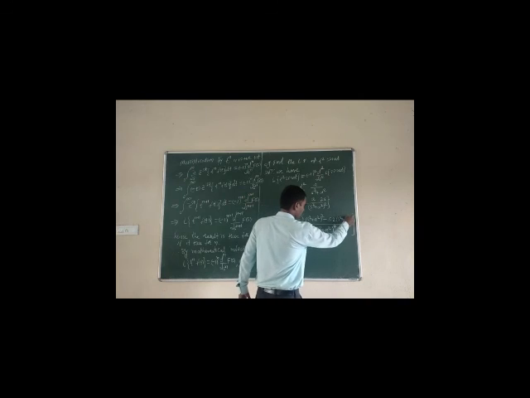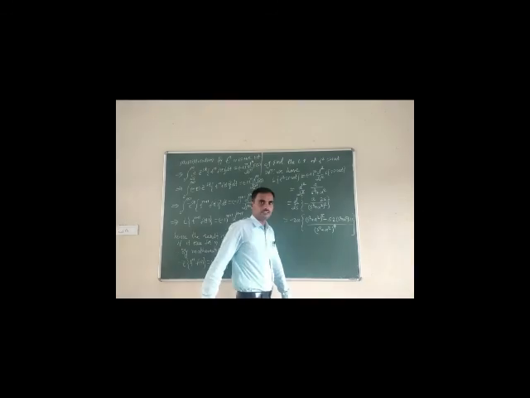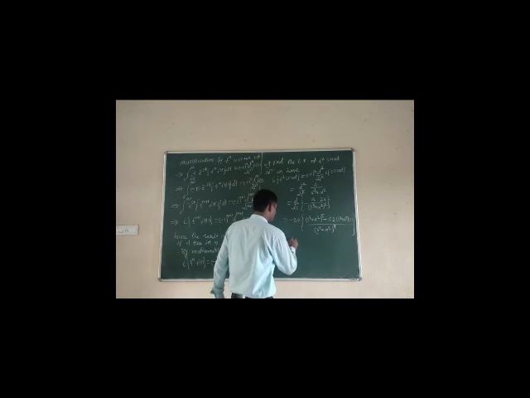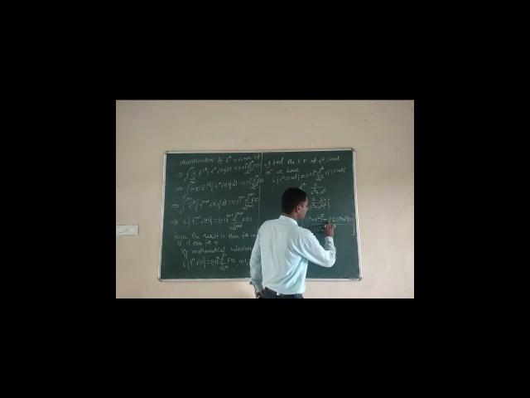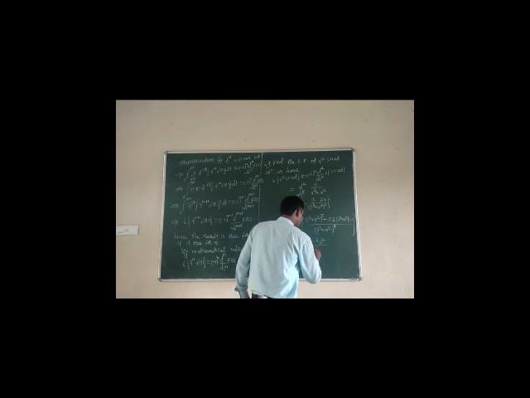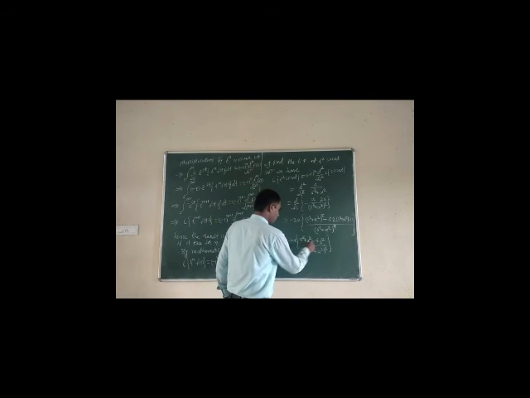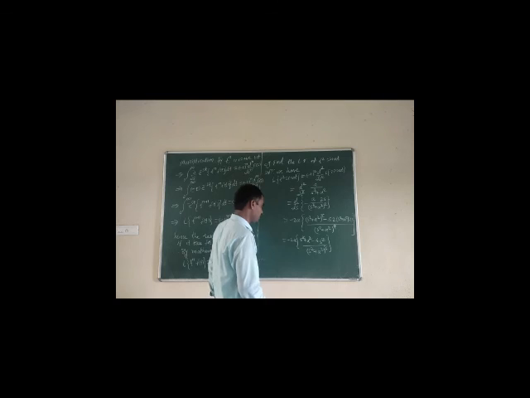So take s square plus a square common and cancel with the denominator. What we get? This is equal to minus 2a in bracket s square plus a square minus 4s square, divided by s square plus a square whole cube. So this s square, this gets cancelled, means minus 3s square, s square minus 4s square, that is minus 3s square.